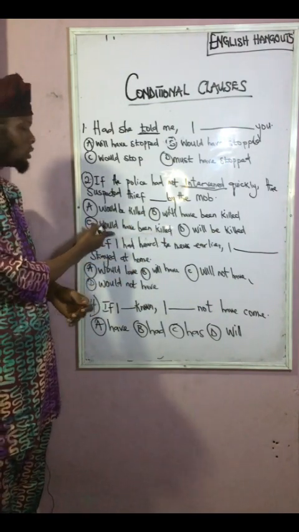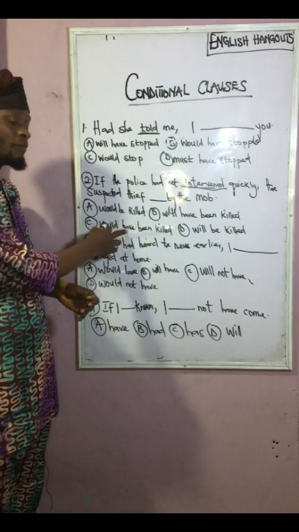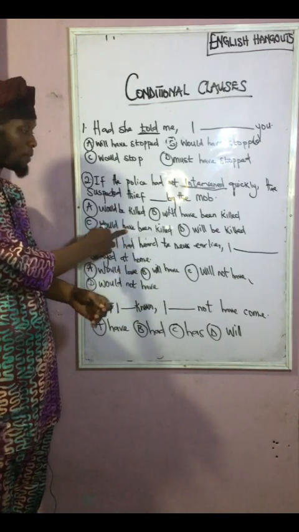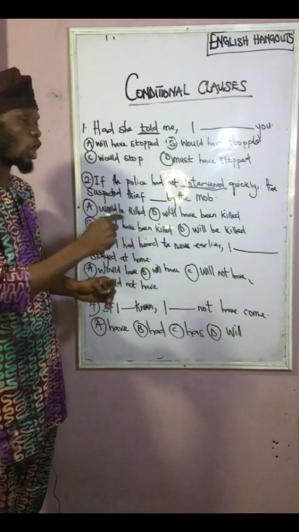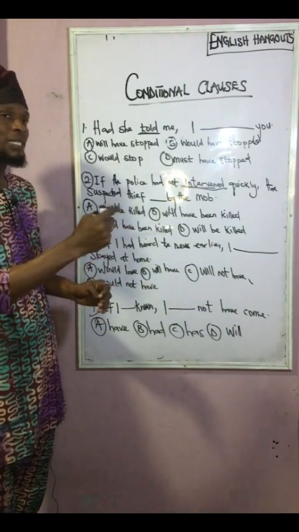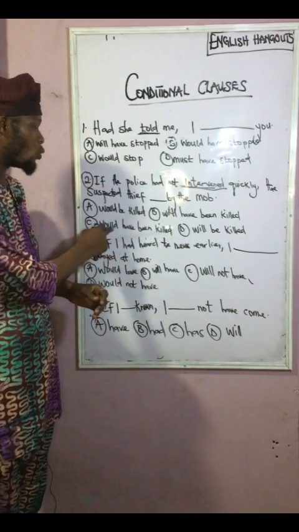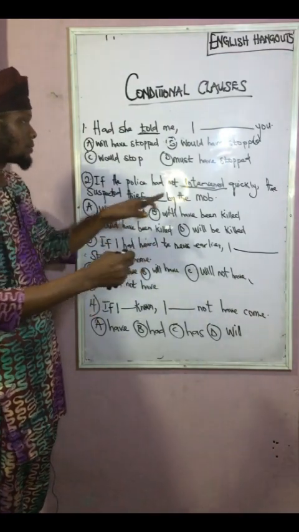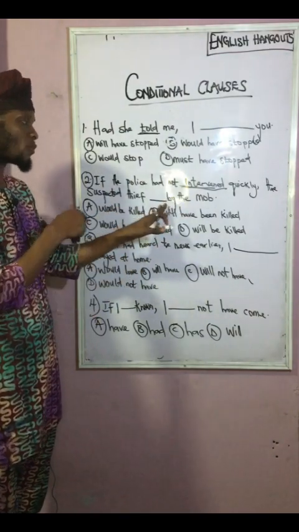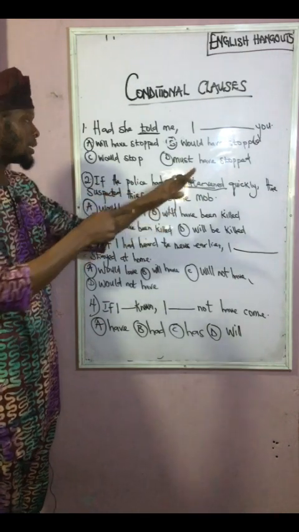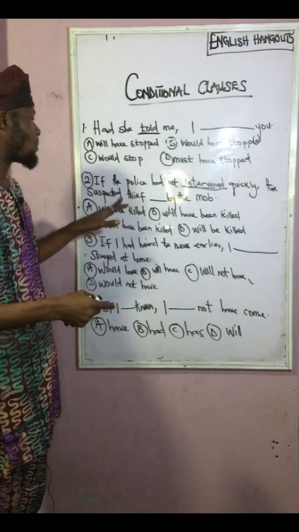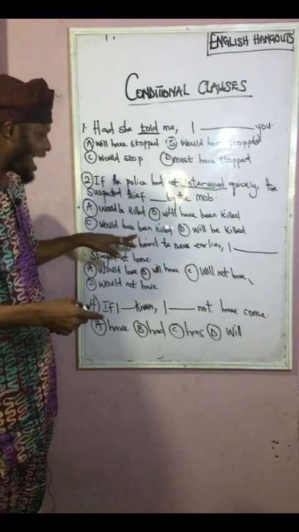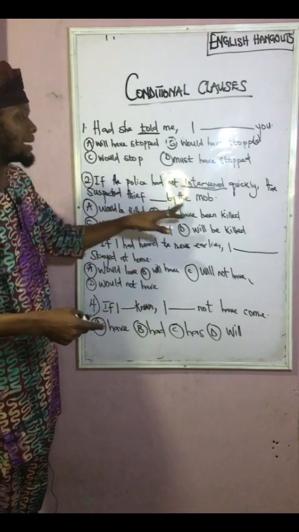Here we have would. We have an anomalous verb, which is a helping verb here, and when we have an anomalous verb, it should always be followed by a past participle verb. Therefore, would have been killed is the right answer to fill into this vacuum. If the police had not intervened quickly, the suspected thief would have been killed by the mob.